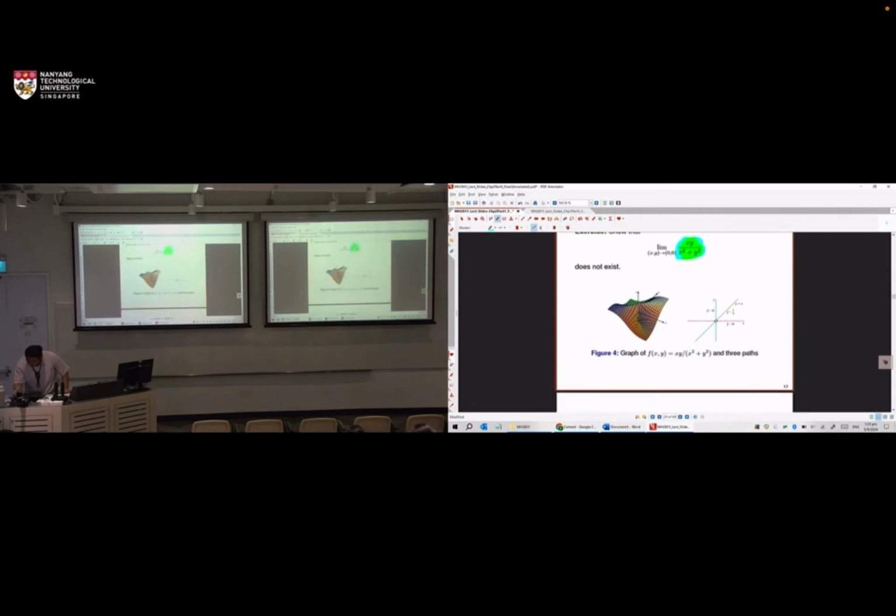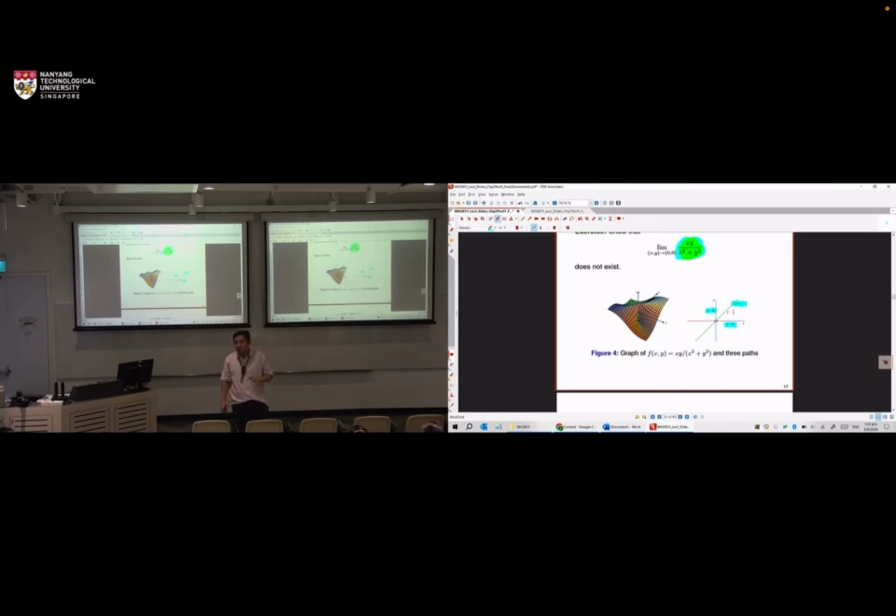Sorry, just now I said to look at y equal to half. Obviously wrong. You look at the x-axis, the y-axis, and the line y equal to x. These are the three most important paths that you should always try.